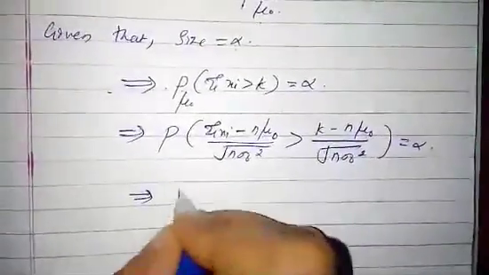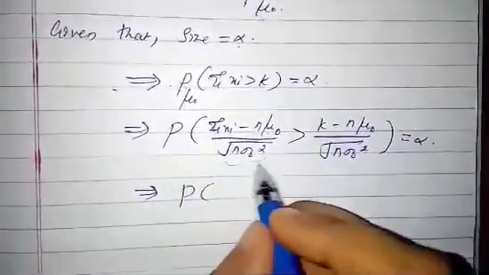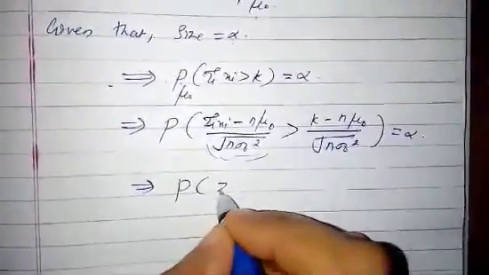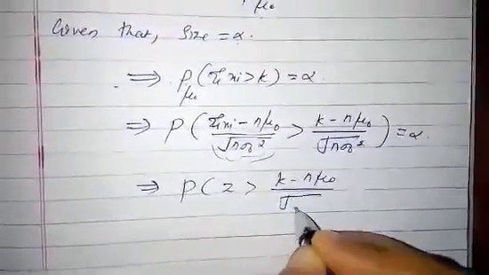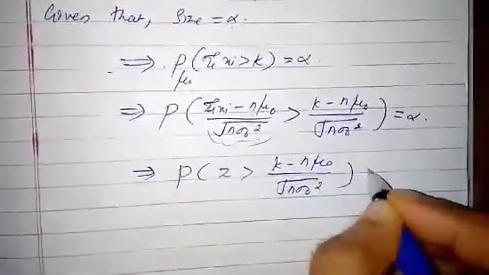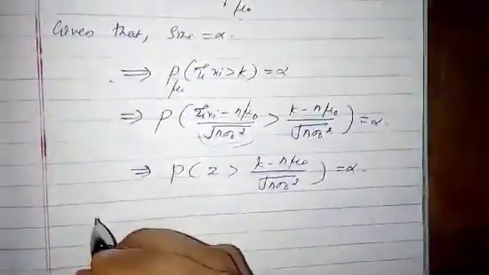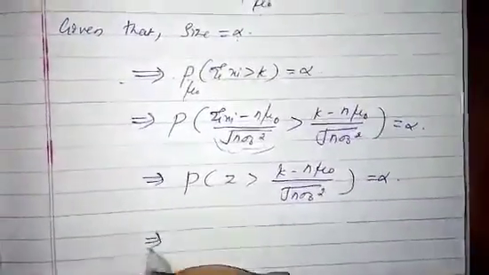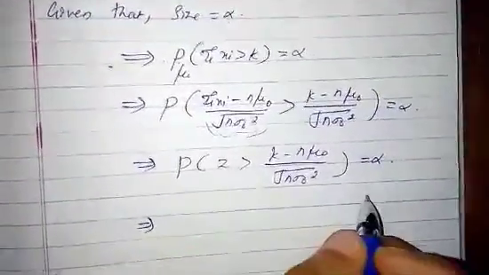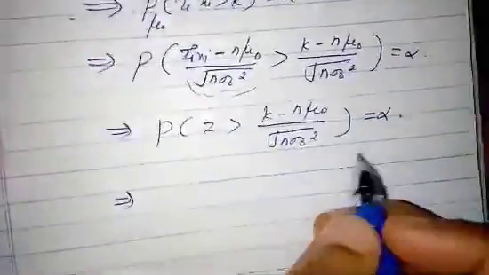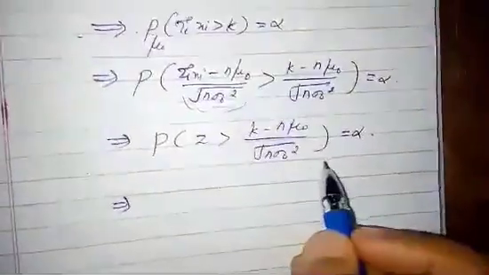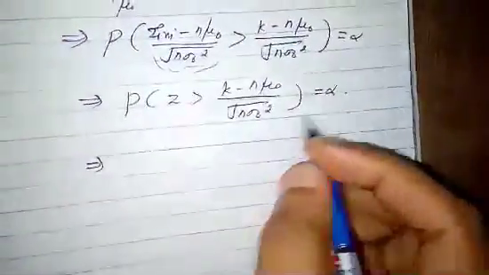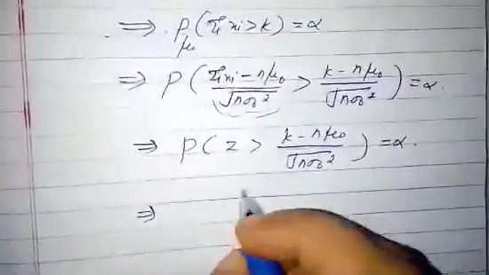This is a standard normal variable, so the probability that Z is greater than (k minus n mu naught) divided by square root of n sigma naught square equals alpha.